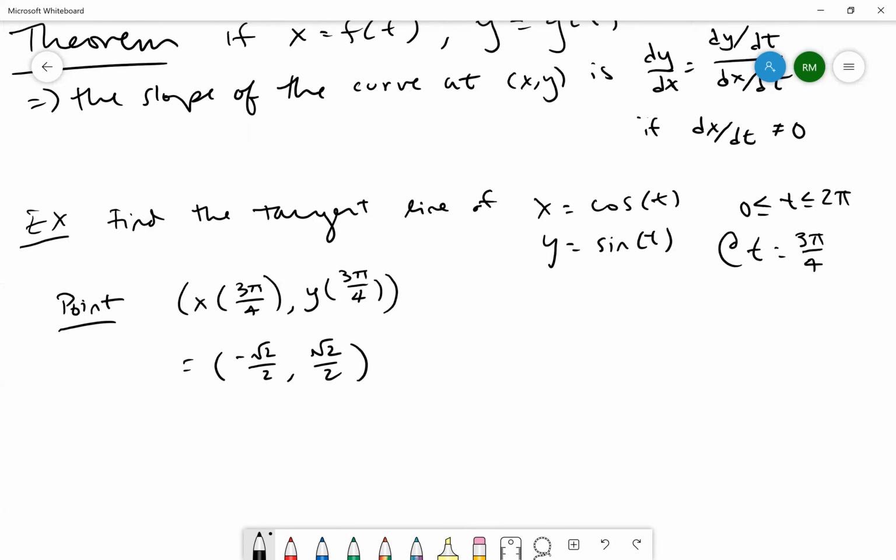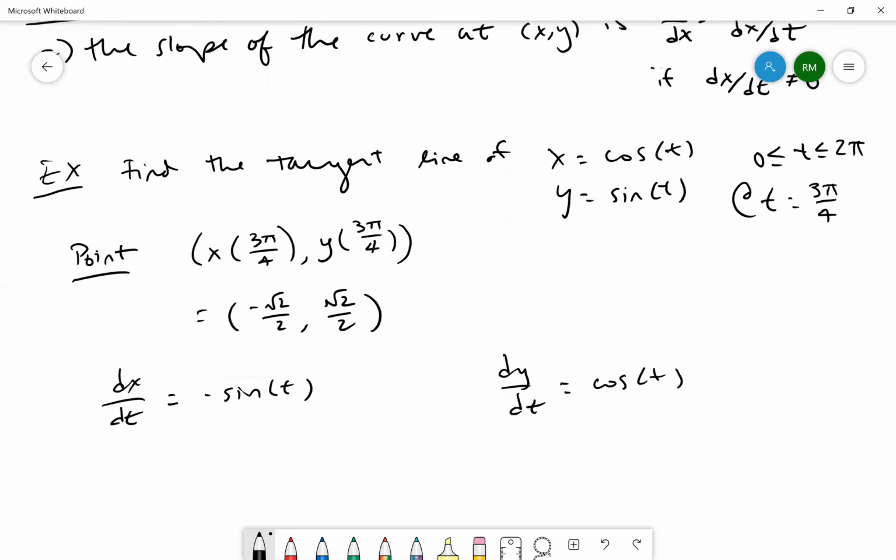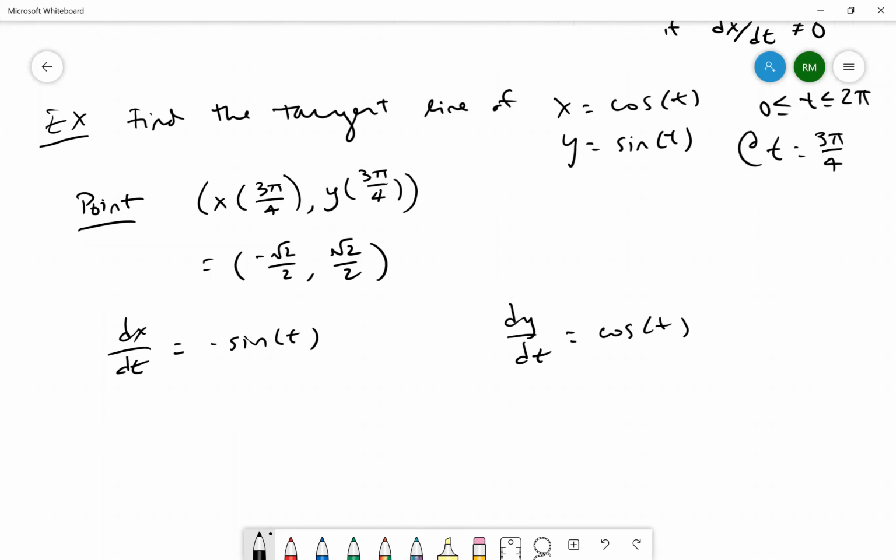And then we need to take the derivatives. dx dt is negative sine of t. dy dt is cosine of t. So we need to find our slope, and that's the derivative of y with respect to t over the derivative of x with respect to t. So it's going to be the cosine of 3 pi over 4, and this will be the negative sine of 3 pi over 4.